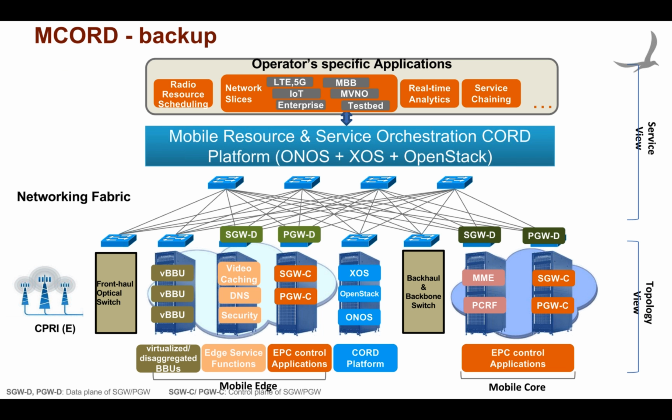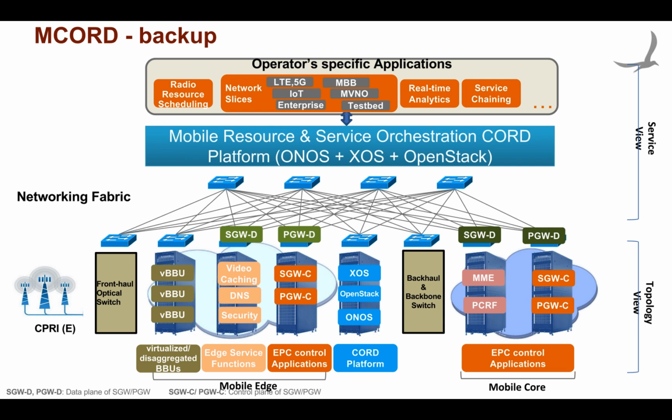This is it, and most slides I have included for information. You can go to the next page. This is the overall architecture for this mobile POC. We will have mobile edge and mobile core.